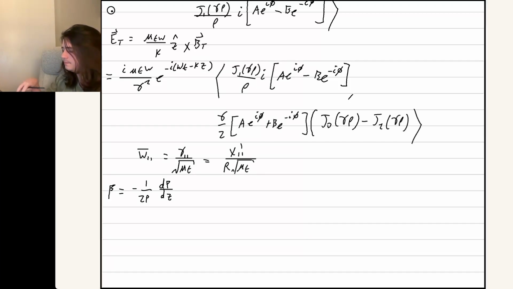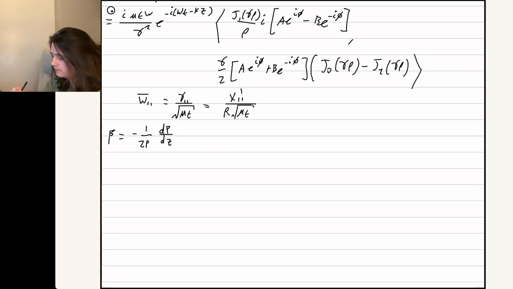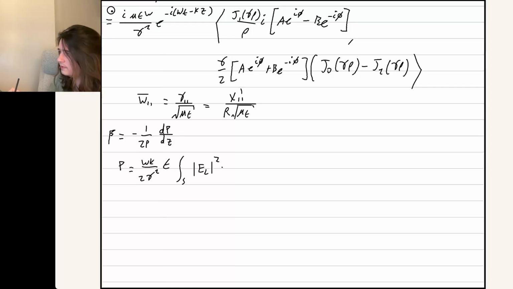It doesn't actually mean a derivative with respect to z because it's not going to be z dependent anyway. So the power is what we need to calculate, which is going to be omega k over 2 gamma squared epsilon, and then the surface integral of the square modulus of your longitudinal electric field.